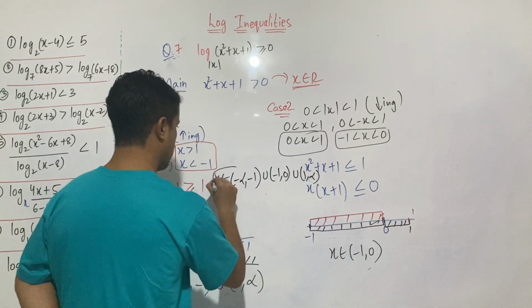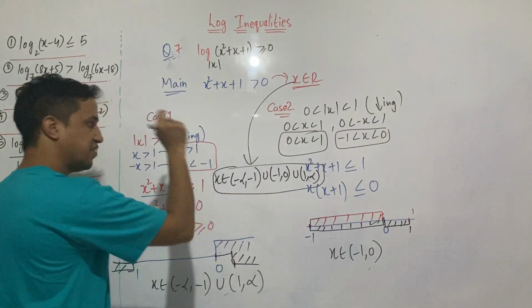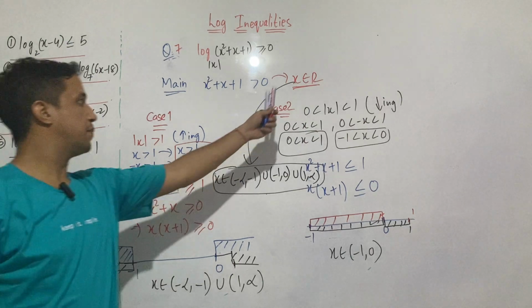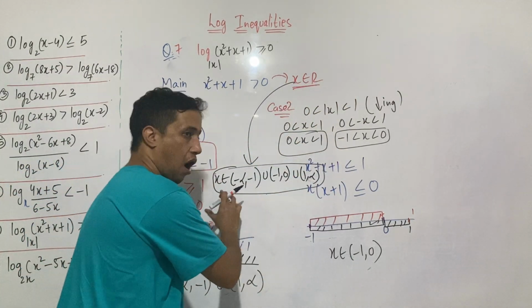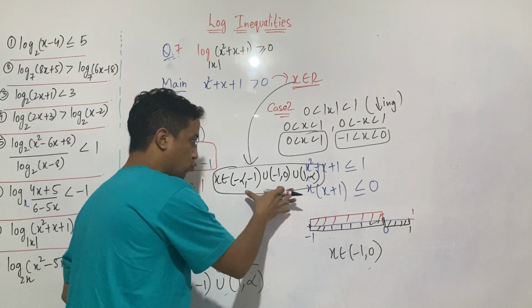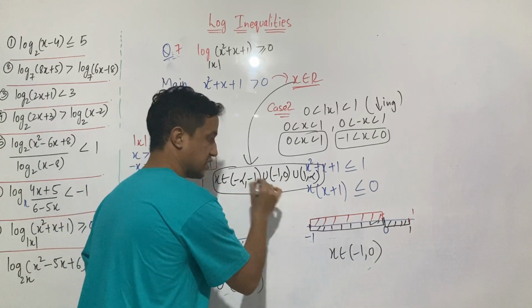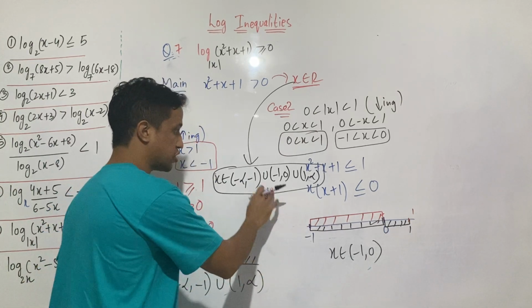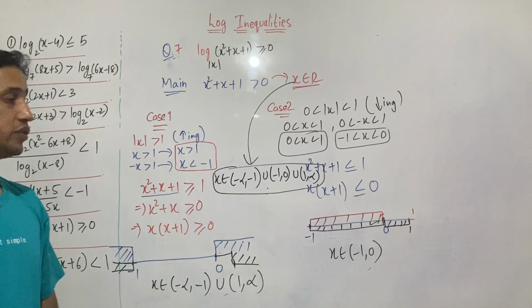When you put the main condition here, this is going to be your answer, because it says for all real numbers on the number line, and when you find the common area, you will get this. So this must be your answer. I hope this is clear to you. Thank you very much.